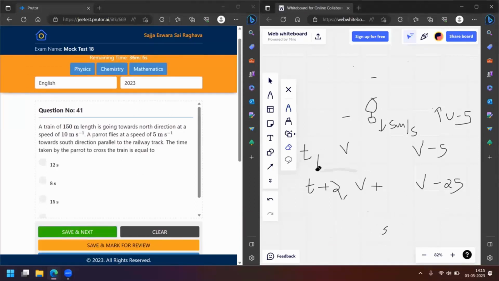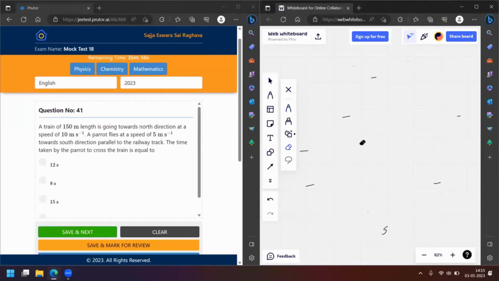This is also a question. A train of 50-meter length is moving towards the north at a speed of 10 meters per second. So we have a train which is moving with 10 meters per second towards the north, and we have a parrot which is traveling with 5 meters per second south. We need to find the time taken by the parrot to cross.